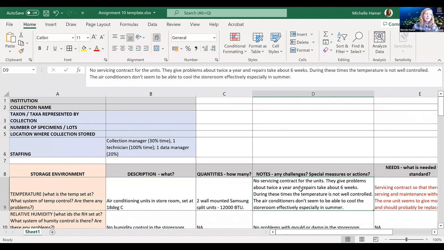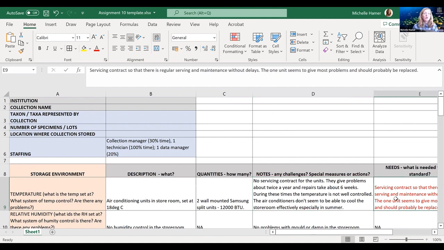And during these times, the temperature is not well controlled. The air conditioners don't seem to be able to cool the storeroom effectively in summer. So what do you need to do? You obviously need a service contract, and maybe you need to replace the air cons. So that's the kind of story that you're going to tell.